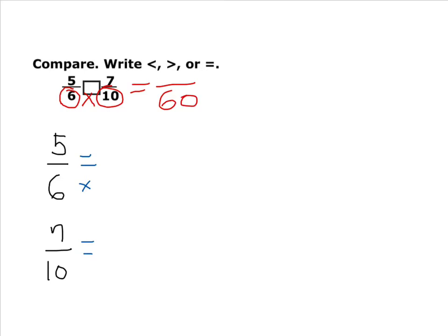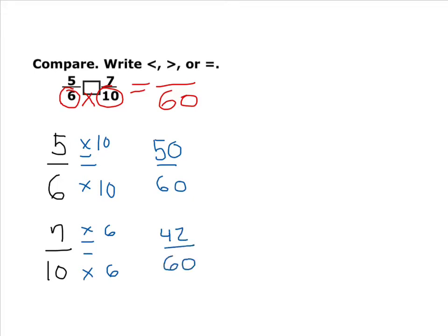So we're going to multiply the top by 10 and the bottom by 10, which gives me 50 over 60. Then I have to do the same thing to 7/10. I multiply 10 times 6 to get my denominator of 60, and 7 times 6 to get my numerator, which is 42. 7 times 6 is 42. 10 times 6 is 60.